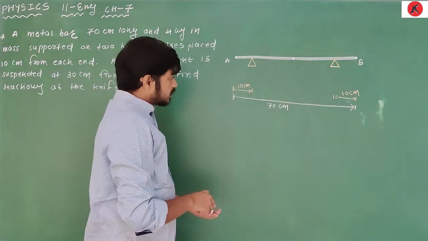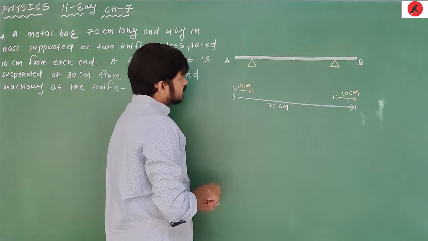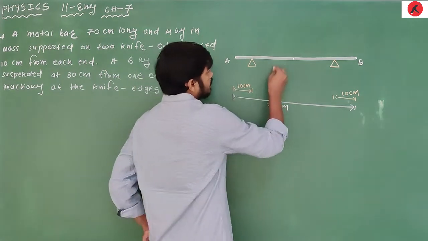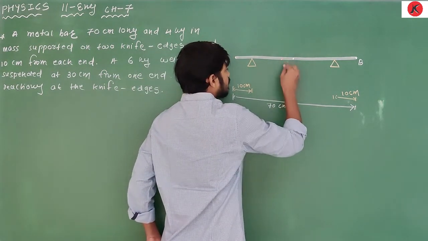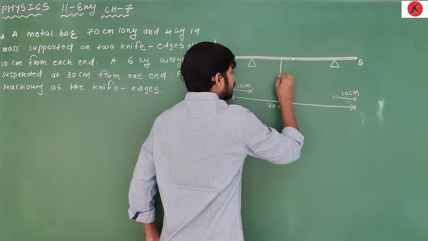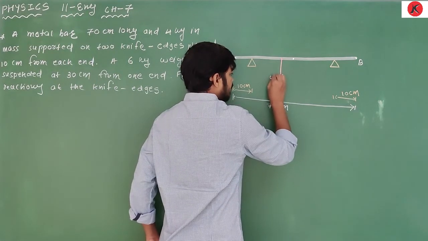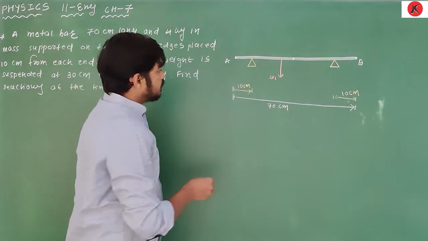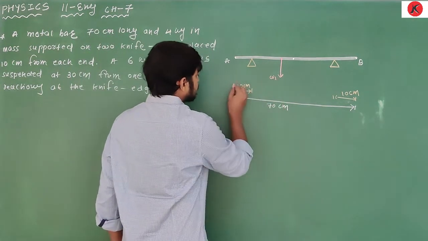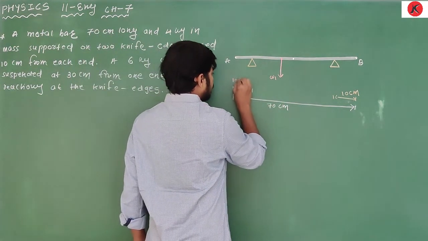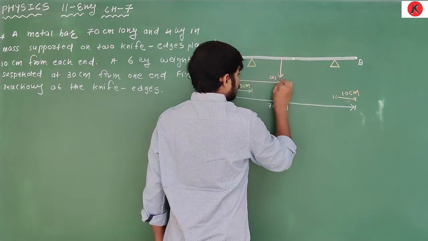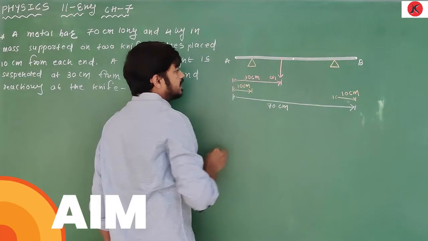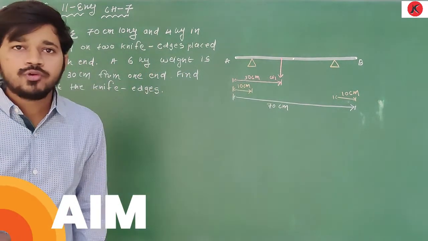So obviously distance 30 will be here, for example. Here one weight is suspended, that is named W1. So this distance, from this point to this point, is 30 centimeter. Any doubt?